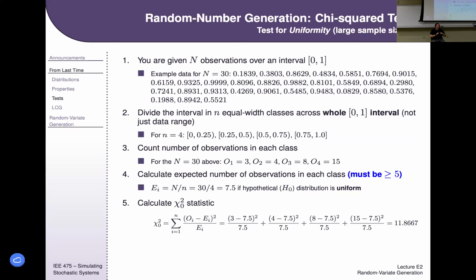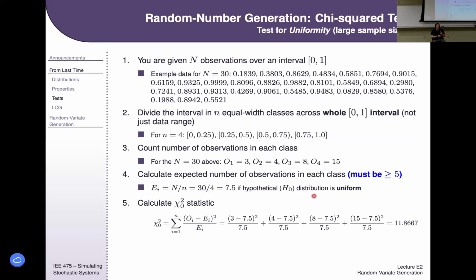But for now, it's just a weird thing because you've got a squared value in the numerator and a non-squared in the denominator, so it doesn't look like the units make any sense, but it's the right formula. So don't divide by expected squared or something like that. You divide by the expected value, even though you square the difference in the numerator.